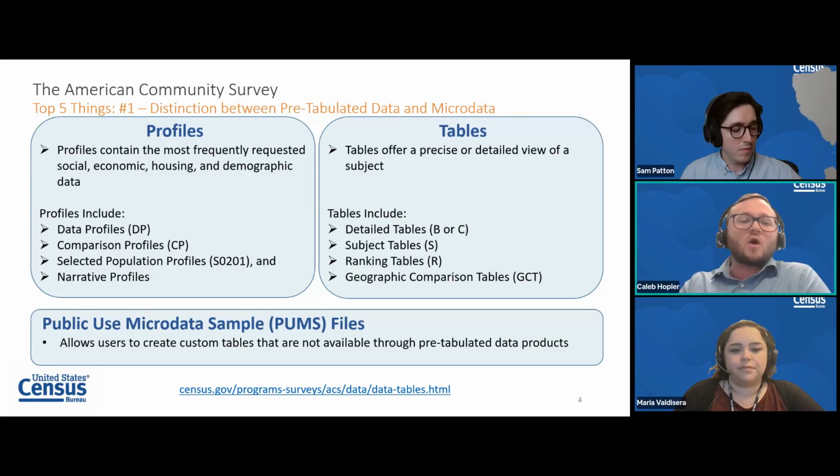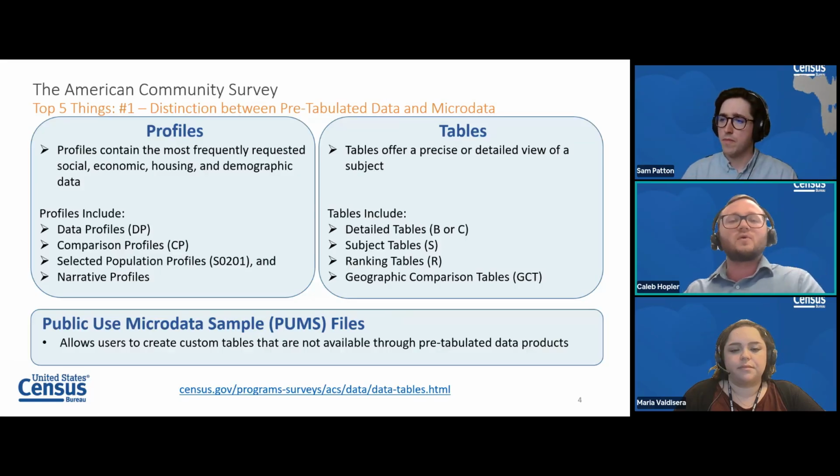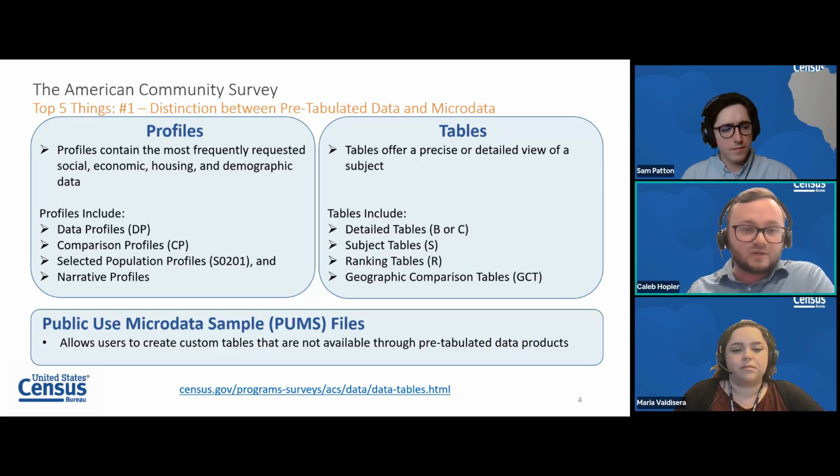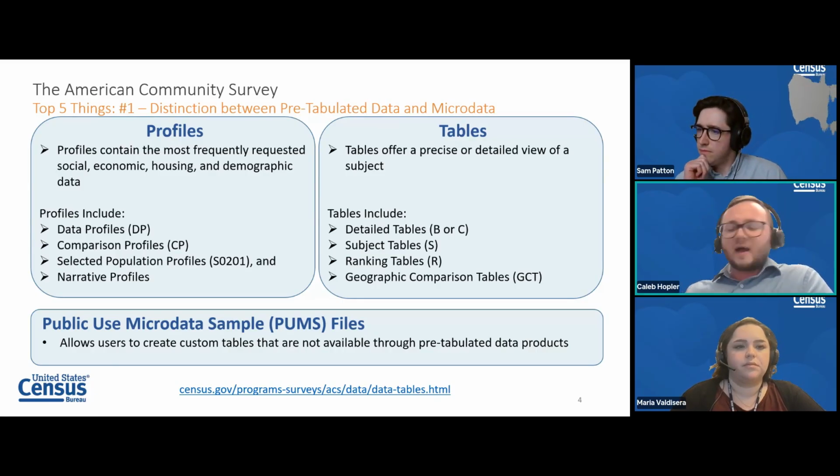Our profiles are commonly used by people who are new to ACS data or who just need a broad understanding of a particular geographic area, because they provide many topics under the social, economic, housing, and demographic characteristics that the ACS offers. These profiles include our data profiles, comparison profiles, selected population profiles, and narrative profiles as well.